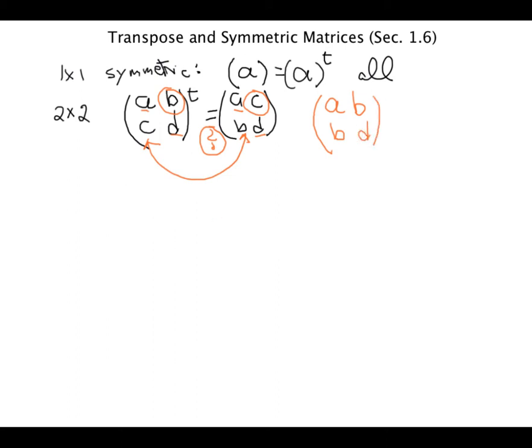And similarly, here are all of the 3 by 3 symmetric matrices: A, B, C, D, E, F. You can have anything upper triangular, and then the stuff below the diagonal has to come from above the diagonal. Okay, now the main thing we're going to talk about here is the LDV decomposition of a symmetric matrix.